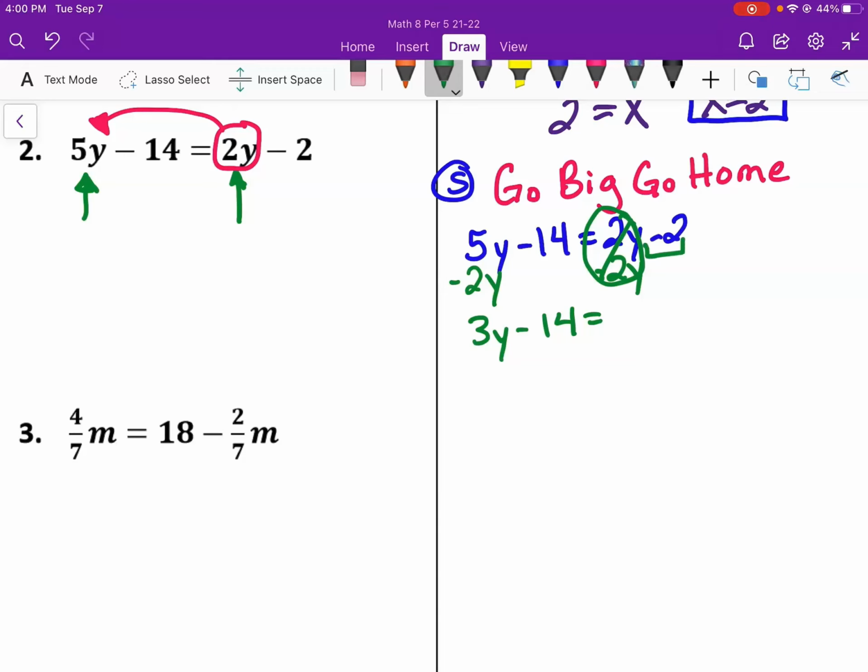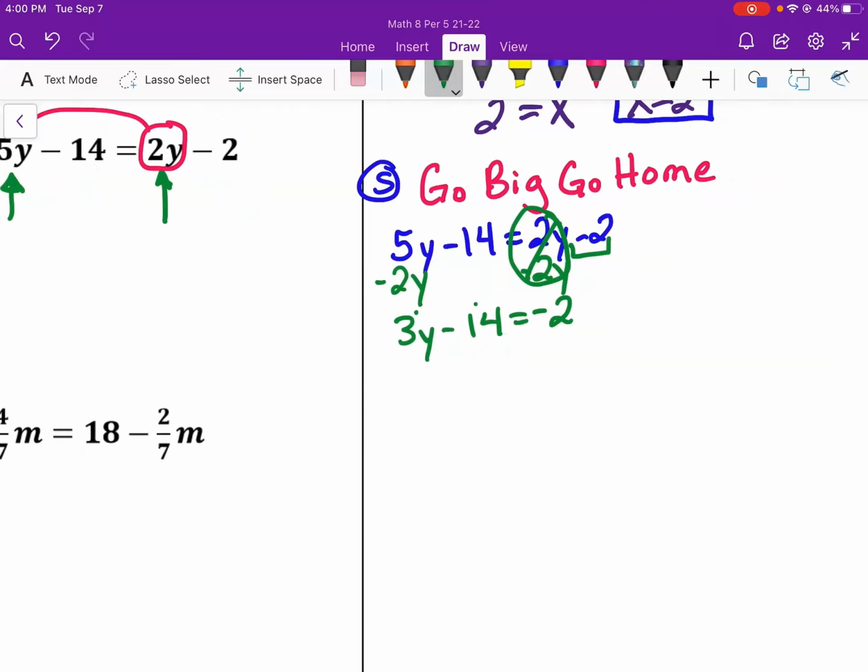Okay, make sure that the sign stays with the term. So whatever's out in front stays with it. And then this is the ideal of what we're looking for. We have a variable term, we have a constant term, and it equals a number. So then my identify stage is my do and undo chart.